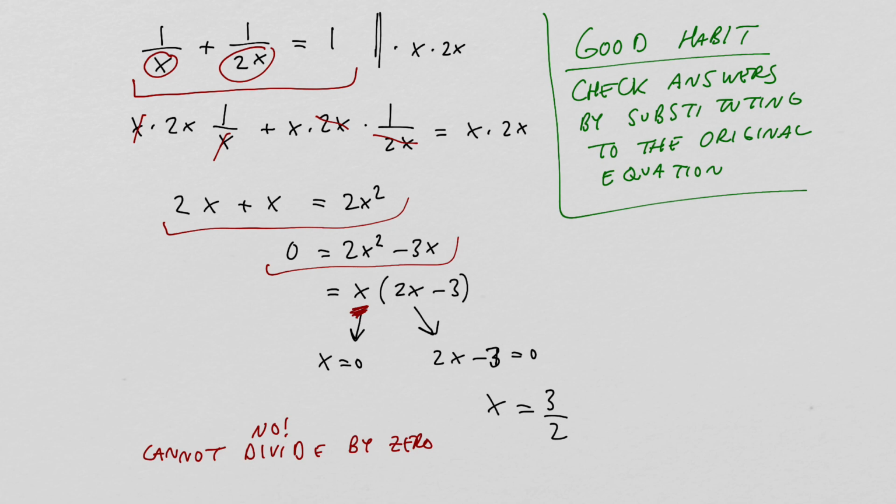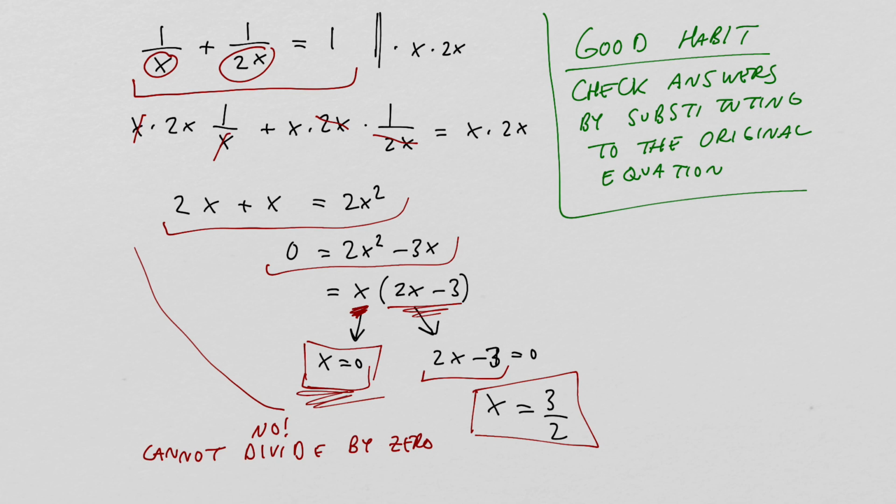We have that product of two numbers is 0. That's only possible if first of the numbers is 0 or the second one is 0, and we obtain these two solutions. However, this second solution is not a correct solution, because if we look at the original equation, we would be dividing by 0.